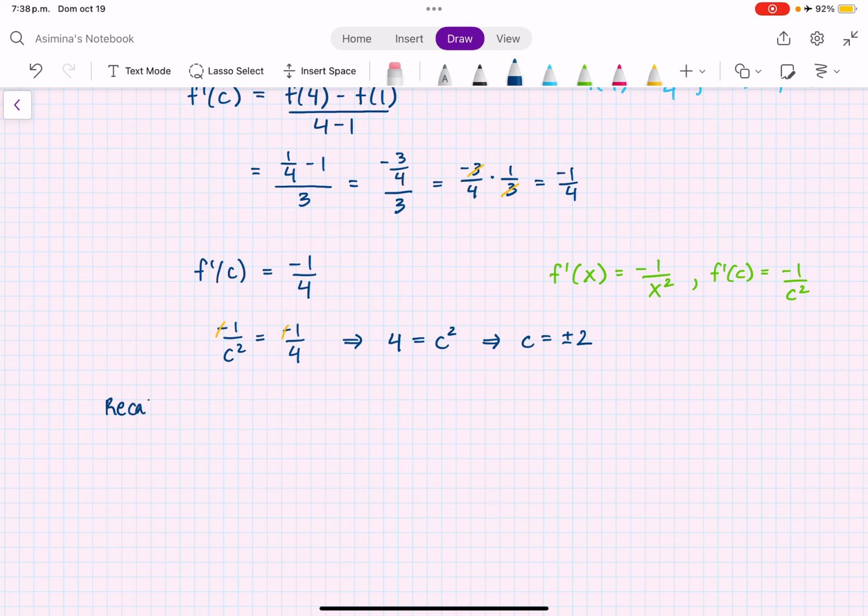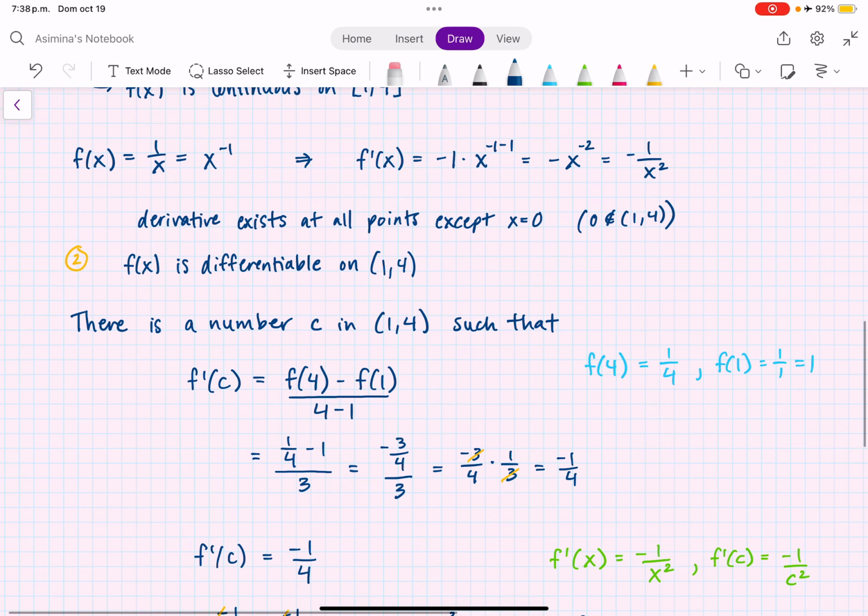Recall that c is in the interval 1, 4. Now this tells us that c equals 2 and c equals minus 2. But minus 2 is not in the open interval 1, 4. So we can disregard this solution. And we see that 2 is in the interval 1, 4, so we keep this solution.